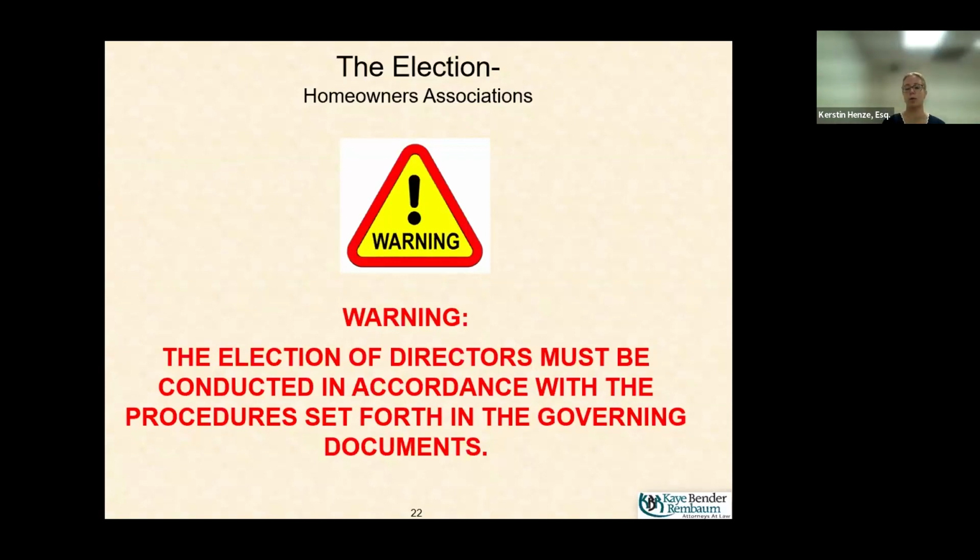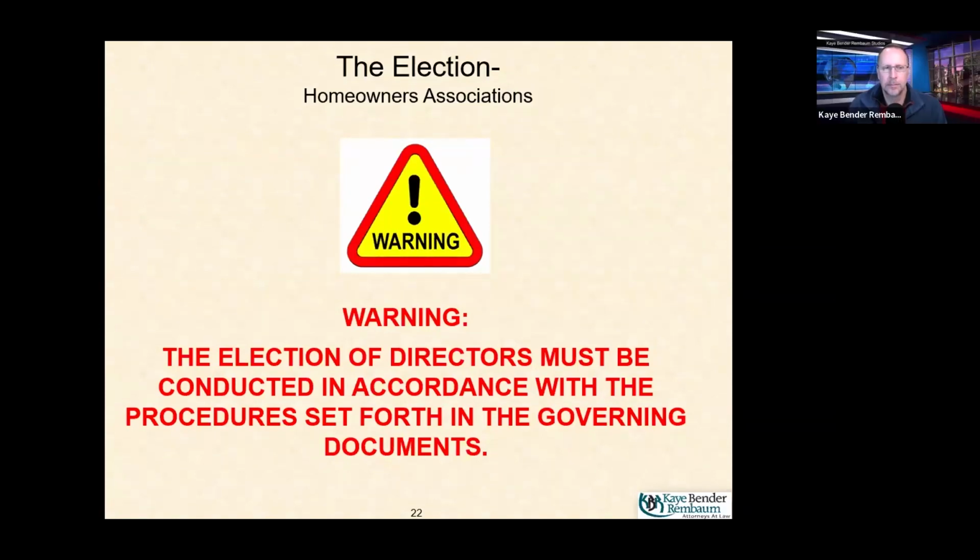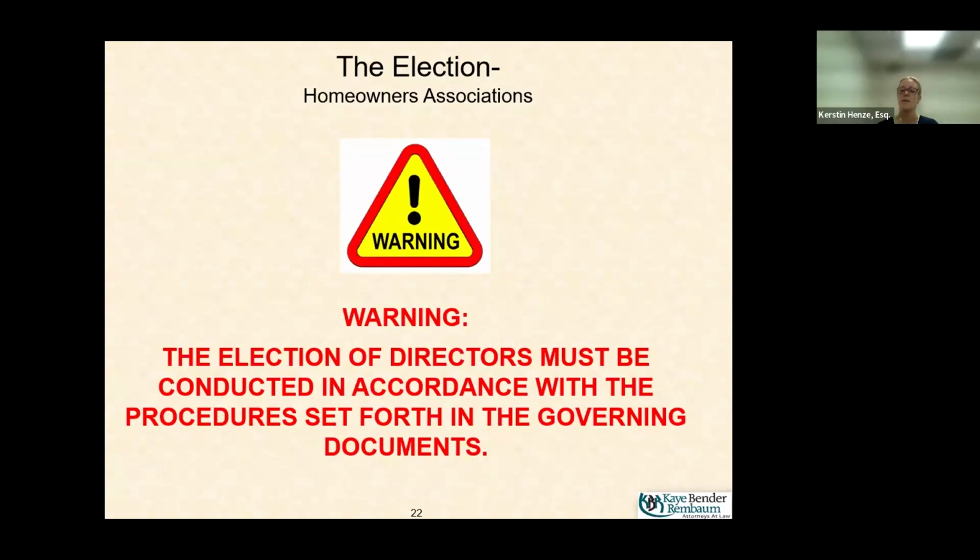Okay, and then those owners who come to the meeting holding proxies will get an election ballot for each of the proxies that they've submitted, as well as for themselves, and then they will vote those election ballots on the date of the meeting. That's just your very generic HOA type election.